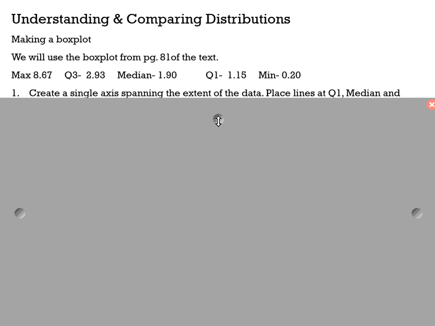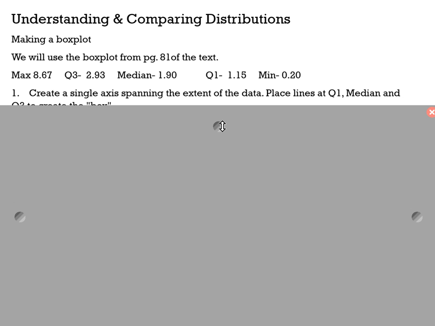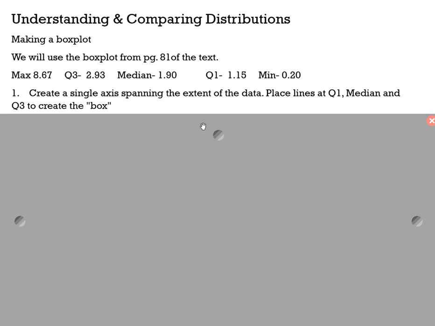So step 1 is we're going to create a single axis spanning the extent of the data. It doesn't matter whether it's horizontal or vertical. The calculator is often going to give you horizontal box plots, and I think more often than not on the test, the space they give you, often a little bit of a grid section, is horizontal as well. You're going to do the same thing. We're going to create that single axis, and use the middle 3 values to create the box: Q1, the median, and Q3.